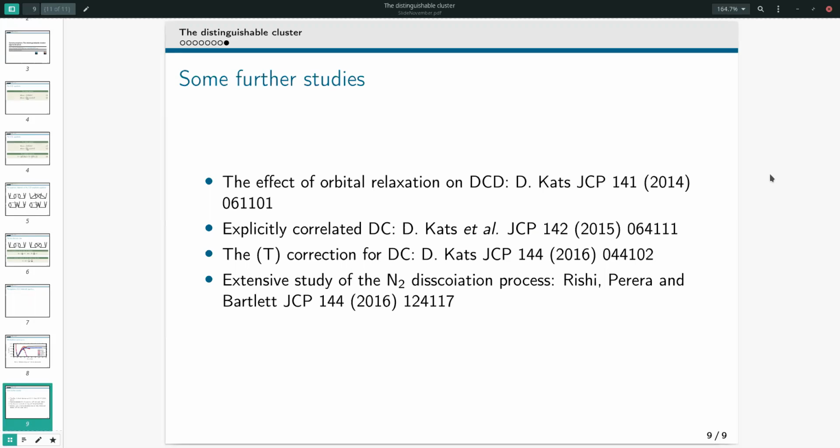And so there are no more bad exchange effects, or exchange effects that are not well modelled between two cluster operators. That's it. Thank you.